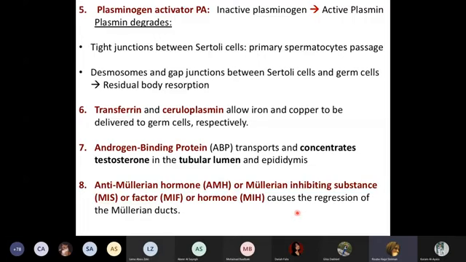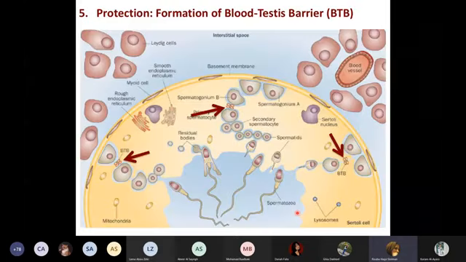Now, the fifth function of Sertoli cells is that it provides what we talk about as the blood-testis barrier. I already mentioned this last week, but today I'm going to go more into its detail, showing you in this figure.